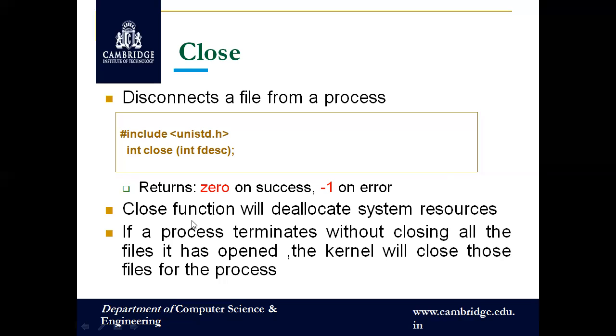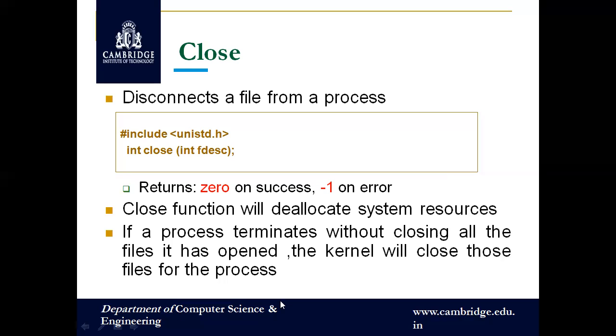Once the file is closed using the close system call, the close function will also deallocate the resources which are allocated for the process. If the process itself is terminated before closing the file, then who will deallocate all the resources?